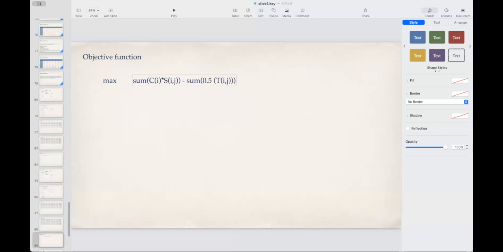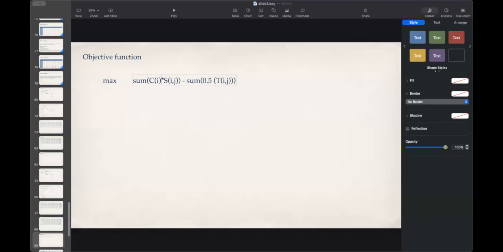Okay, you sell and you subtract it by the stock. Okay, good.